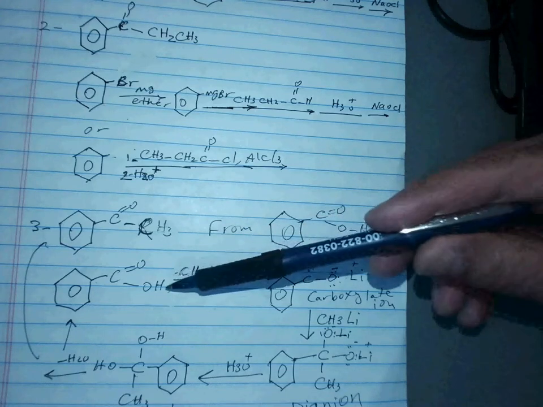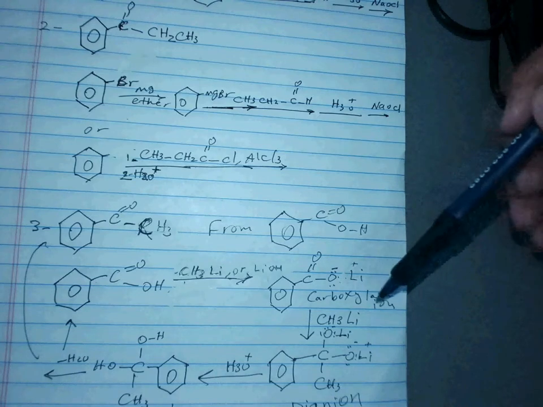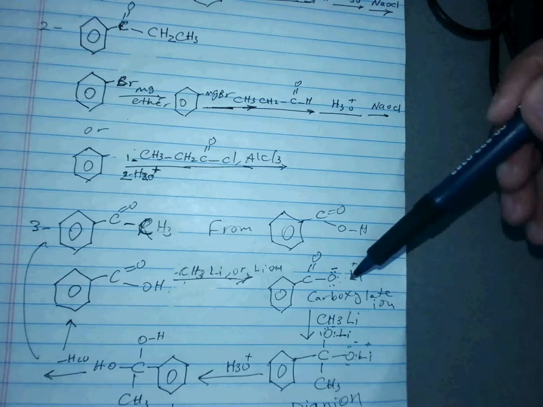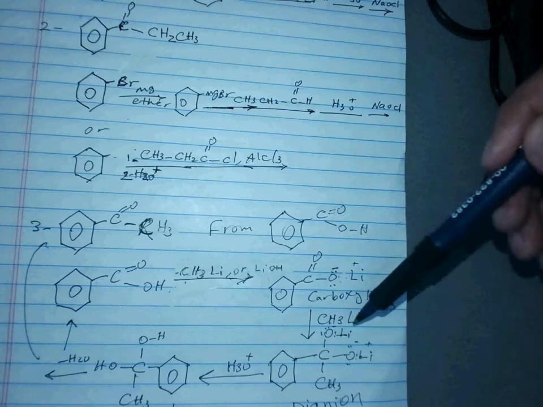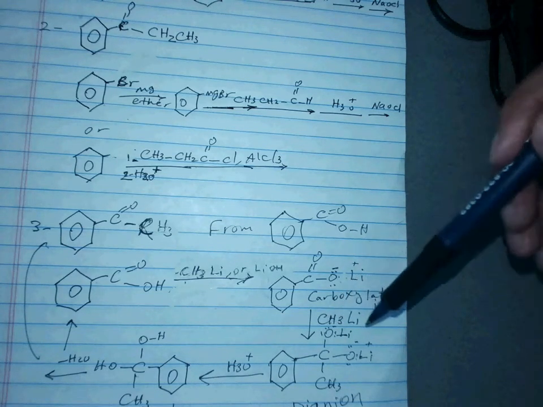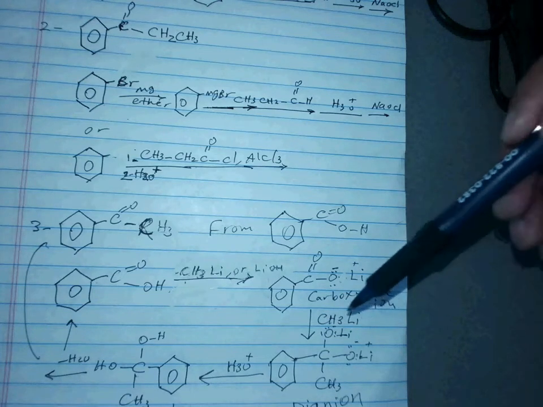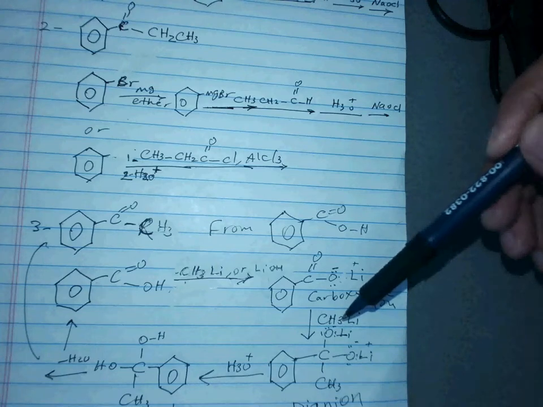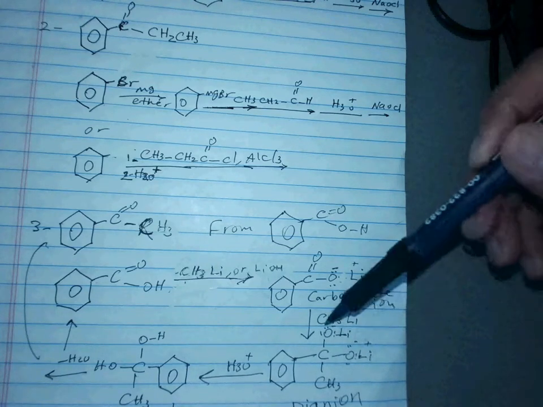So when the hydrogen is removed by either of them, then I get the carboxylate ion like it is shown in here. Now when the carboxylate ion is formed, then you add another mole of your organolithium compound, in this case, alkyl lithium. And when the alkyl lithium is added, then you get this dianion that is shown in here.